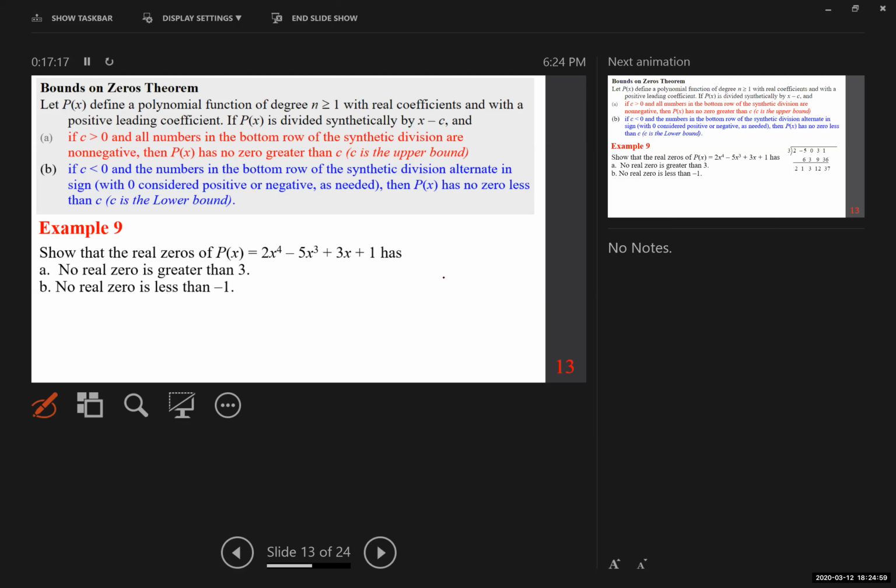When we are trying the number 3, that means we are dividing in essence by x minus 3. Am I right? Let's give everybody a moment to do the synthetic division on that. What do you get? So in other words, you want to do this, class.